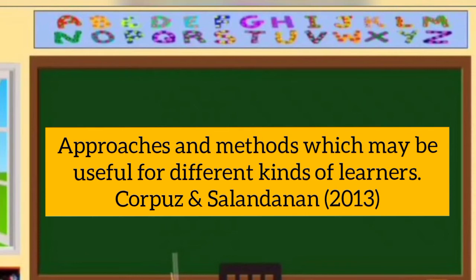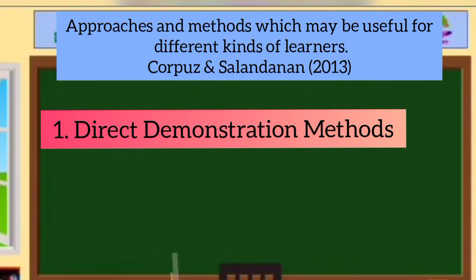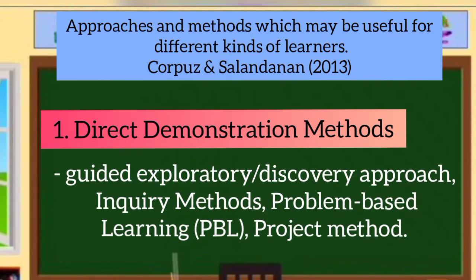Some are time-tested methods, while others are non-conventional constructivist methods. So, let's discuss first the direct demonstration methods. It is guided exploratory, discovery approach, inquiry method, problem-based learning or the PBL, and project method.